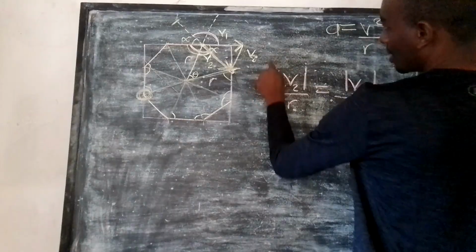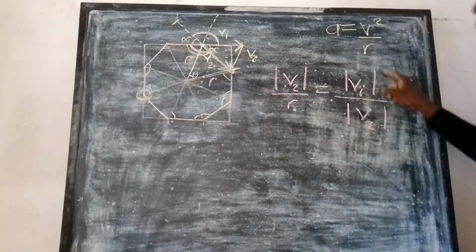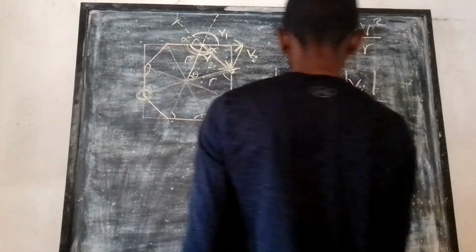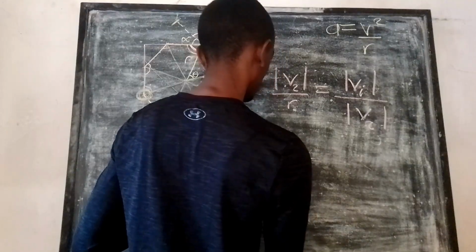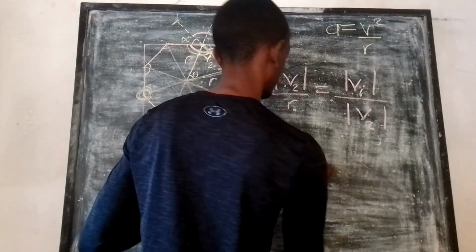But what we're looking for, remember that I mentioned that this is equivalent to the acceleration. So what we're simply looking for is this. So the acceleration in this case, or at least the magnitude of the acceleration, is simply this.